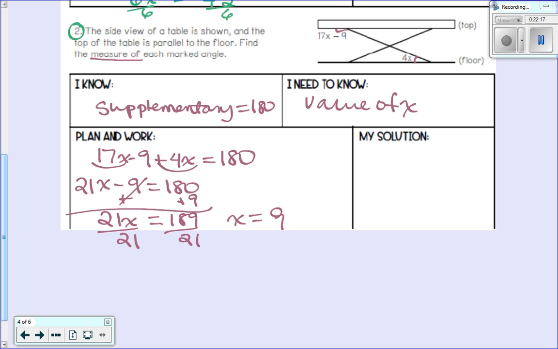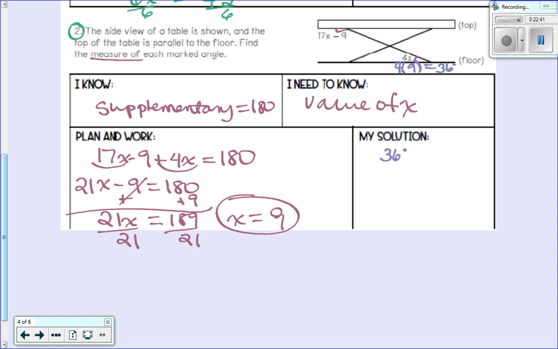So now we know our x value. We know that they're supplementary, so how do we find the angle measures? Yeah, substitute in for x. So 4 times 9 is 36 degrees. I have 2 options.